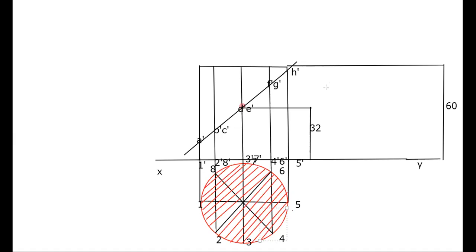Now you can draw a line, and you can draw the sectional side view. First you can draw a vertical line of this portion.